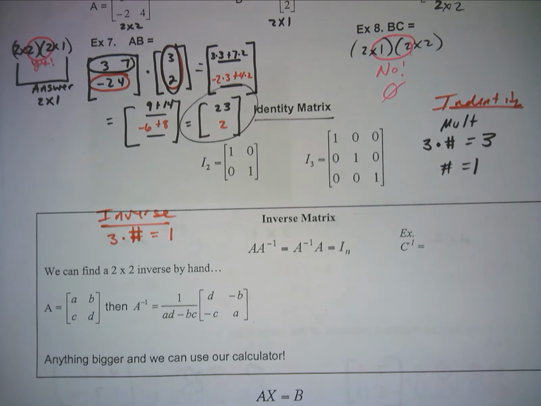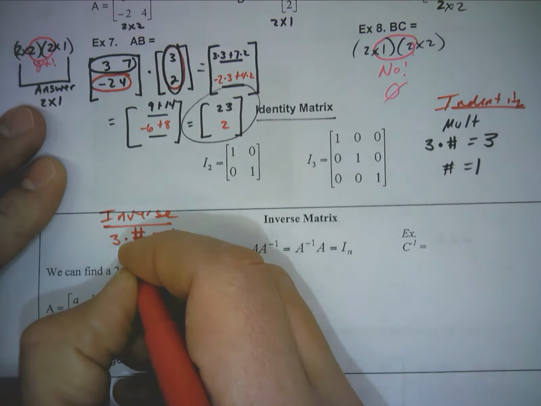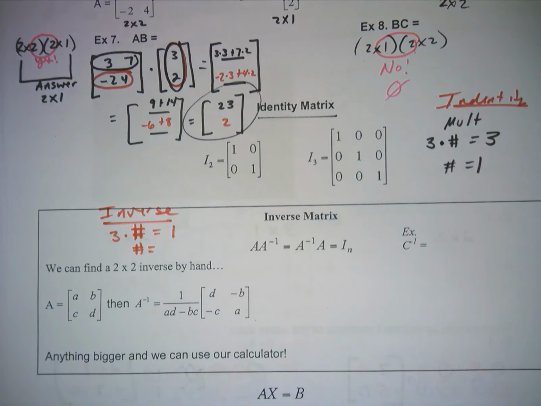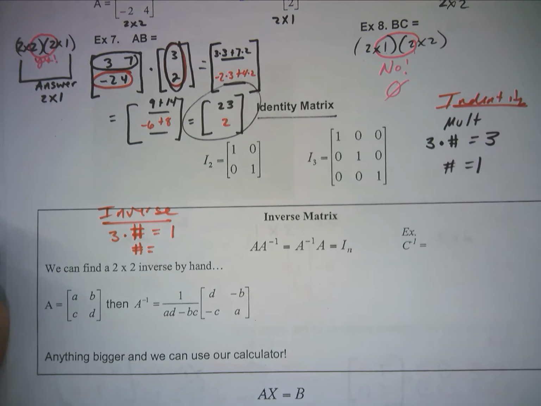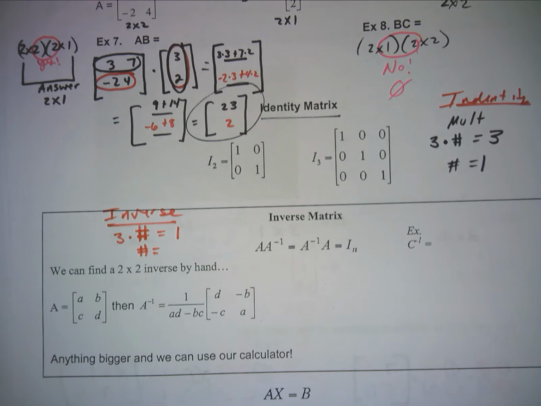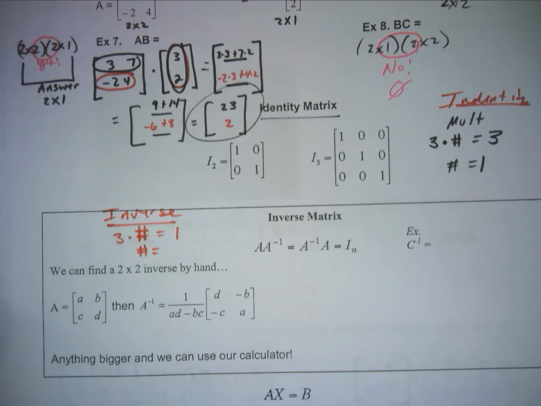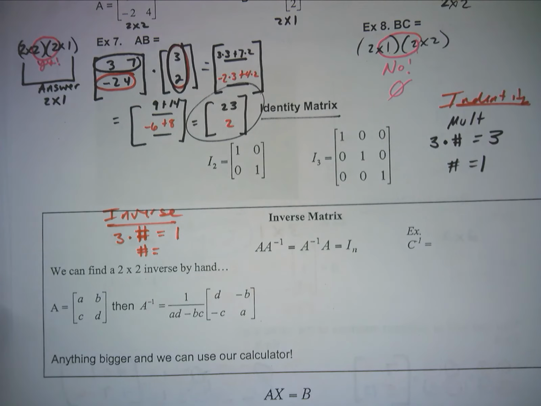Well, what's that number? So 3 times the number equals 1. That number has to be what, guys?